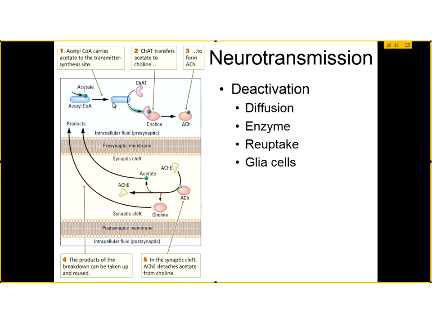We can have enzymes functioning at the synapse to break down those neurotransmitters. Some of those neurotransmitters can be reuptaken or reabsorbed presynaptically and then packaged up so they can be released again. Or glial cells will absorb that neurotransmitter. So those are the 4 ways that we can deactivate the neurotransmitter.